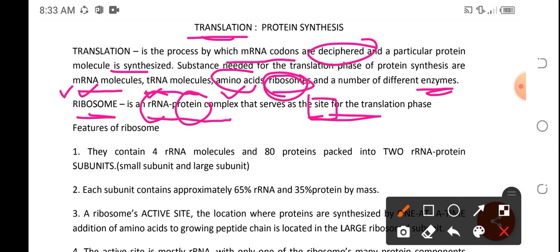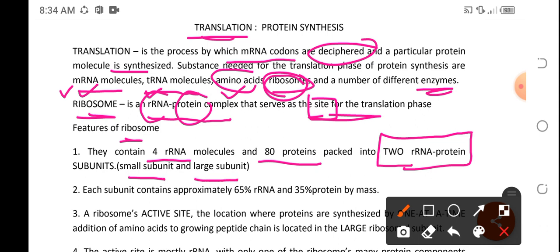Now, what are the features of these ribosomes? Okay, they contain 4 rRNA molecules and 80 protein molecules packed in only 2 rRNA protein subunits. So, may dalawang subunit lang ang ating ribosomes. These are the small subunit and the large subunit.